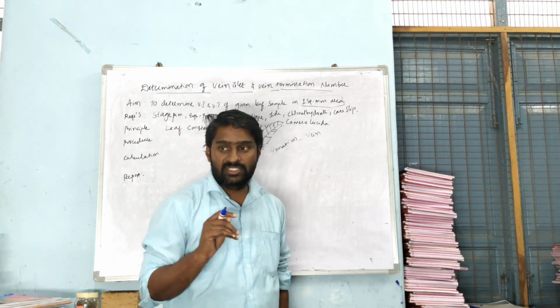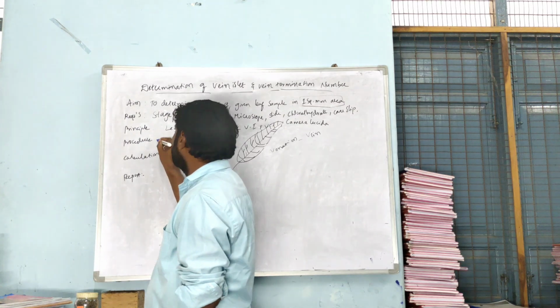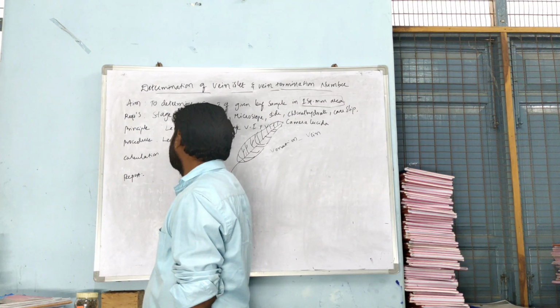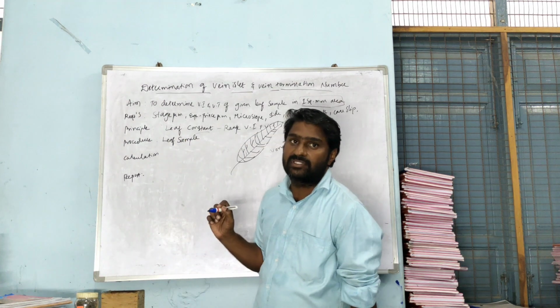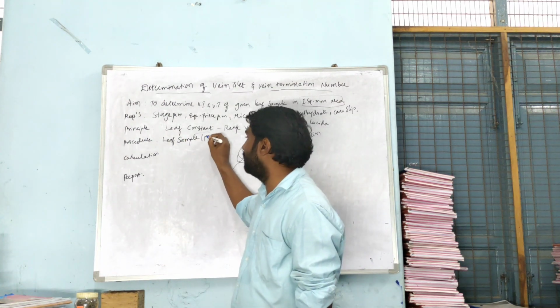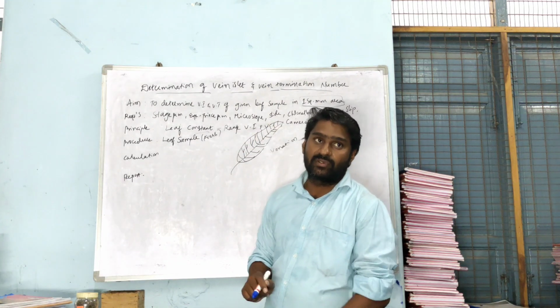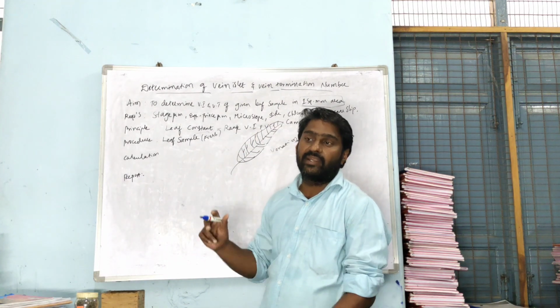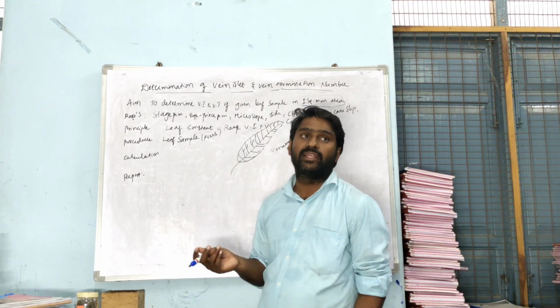So coming to the procedure, what shall we do? Generally the leaf sample that we collect is a fresh leaf sample which is green in color due to the presence of chlorophyll. But for identification of vein islets and vein terminates, if it is green in color, we may not be able to identify them.